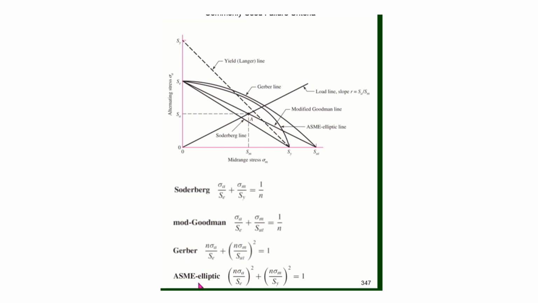In the ASME elliptic curve, we square both quantities and we change the SUT back to SY. So these equations are all very similar, and their lines are fairly similar. It's important that you know the differences between these curves and that you can write down these failure curves. You need to have these failure curves memorized so that you can solve the problems.